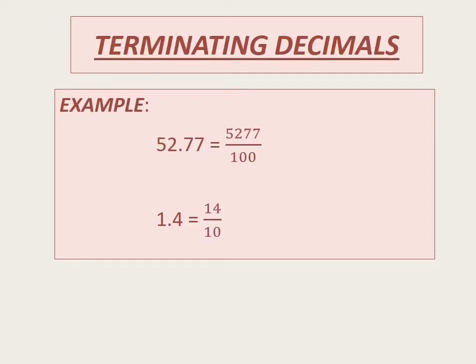It means the decimal part of this decimal number is finite, right? So this number can be represented as the ratio of two integers. How? You know, 52.77 is equal to 5277 over 100.